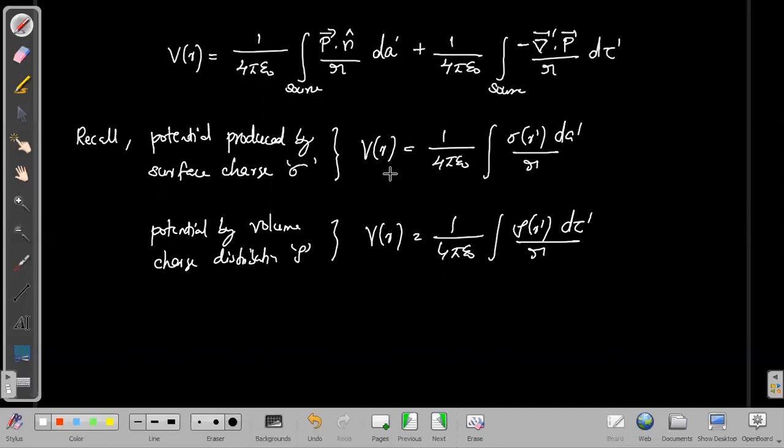But if you look at an insulator, there are no free charges. So what is the reason behind such charges coming? Obviously, these charges are produced due to polarization and they are not free charges. Therefore, this charge distribution produced by polarization is called bound charges.